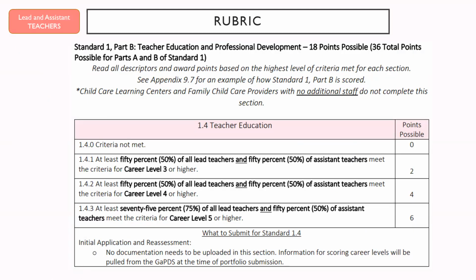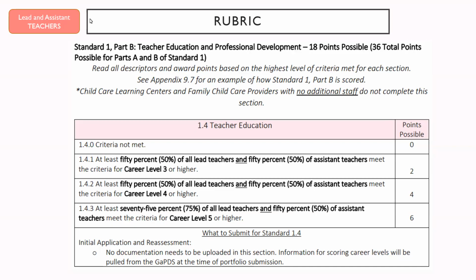Standard 1 Part B of the Quality Rated Rating Rubric is used to score lead teacher and assistant teacher qualifications for education.